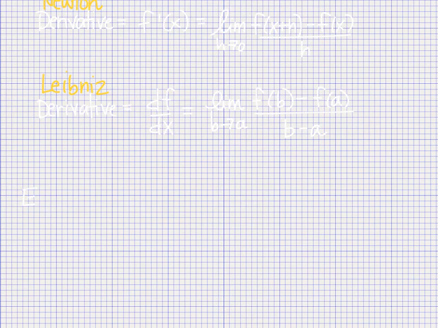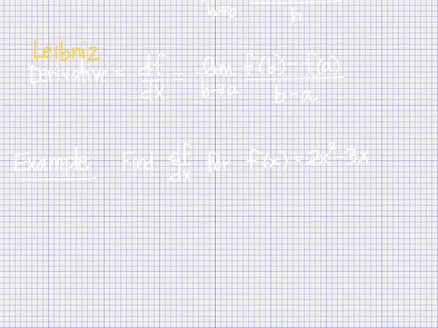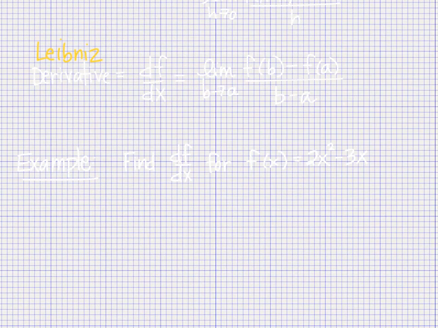So here's our first example. Find df dx for the following function, 2x squared minus 3x. Since it was df dx, we'll be using Leibniz's method.